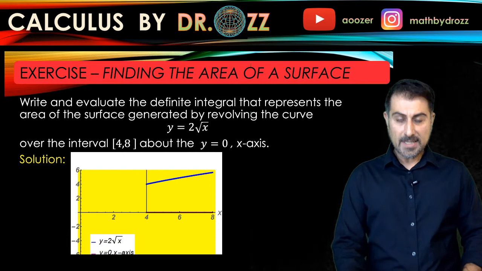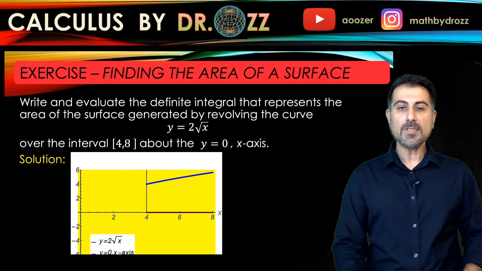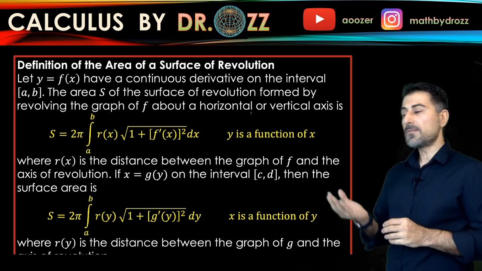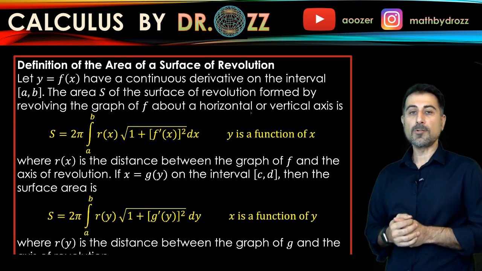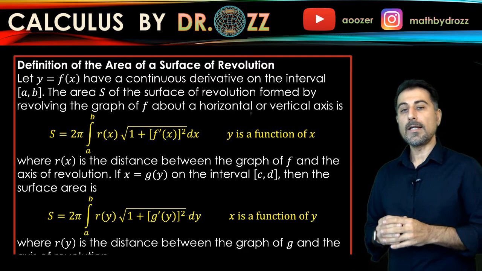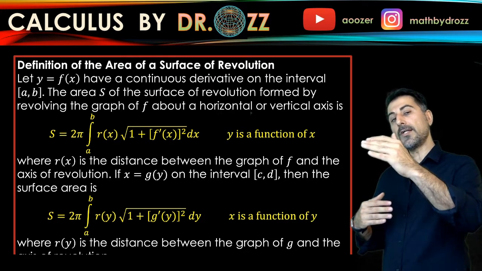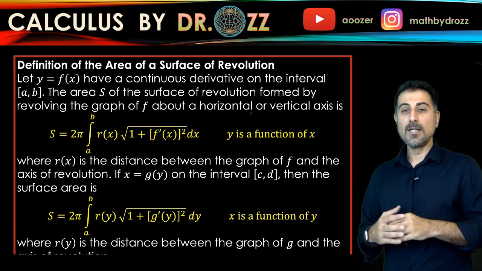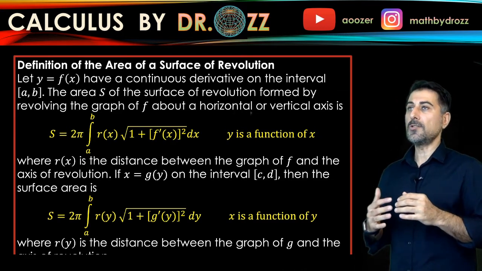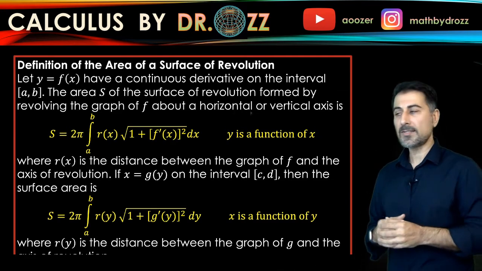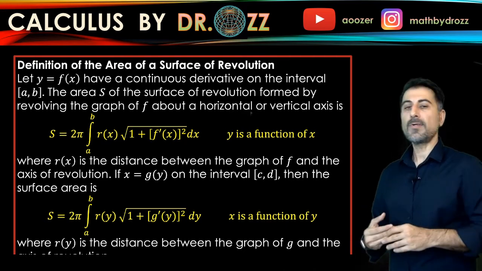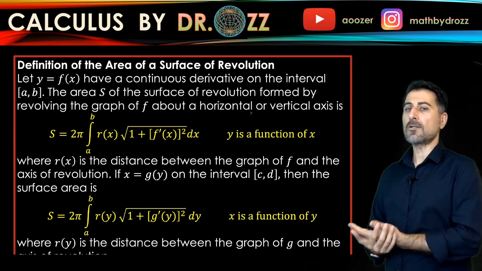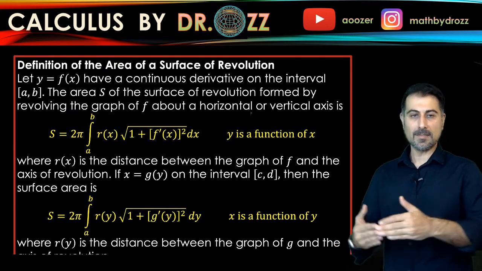Before we get started, let me give you the formulas that we're going to use along the way. So we have the definition of the surface area of the revolution. We have two different kinds. In the first kind, the integral is represented by dx, so everything depends on x. This is the formula you're going to use when you have a y equals f of x type representation of the curve. In the second formula, the integral depends on y, so that means x is a function of y.